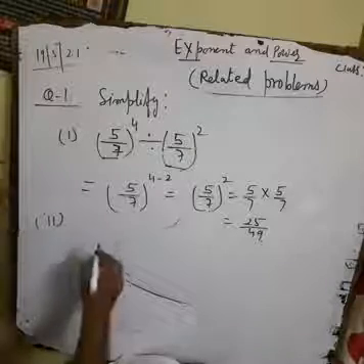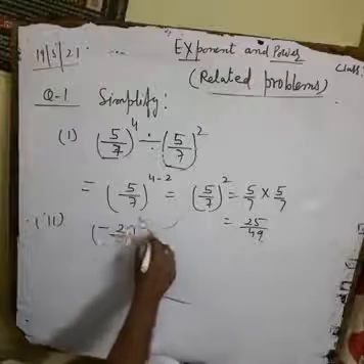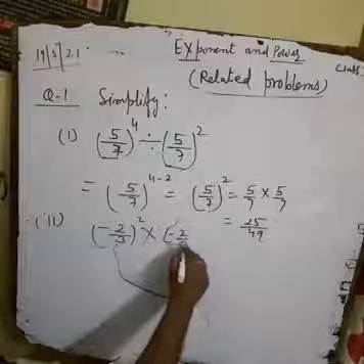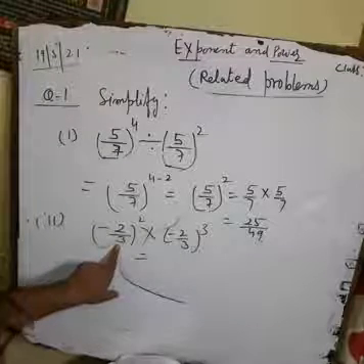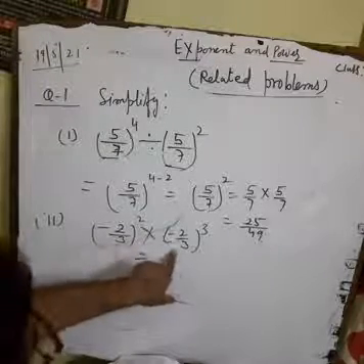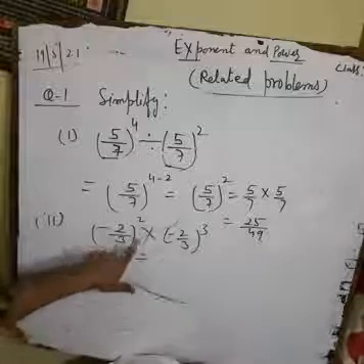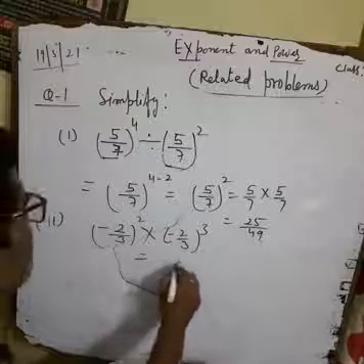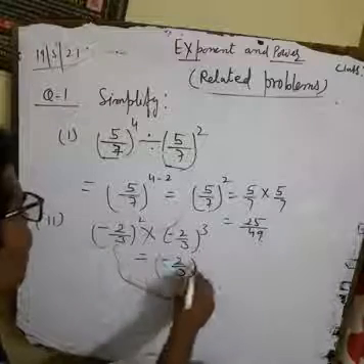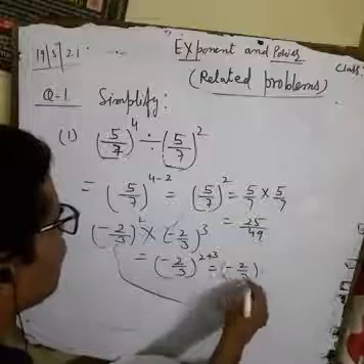This is minus 2 upon 3 to the power of 2 into minus 2 upon 3 to the power 3. In this question also, minus 2 upon 3 is the base, and base is same, and in the form of multiply, the power will be added. So minus 2 upon 3 to the power of 2 plus 3, or minus 2 upon 3 to the power 5.